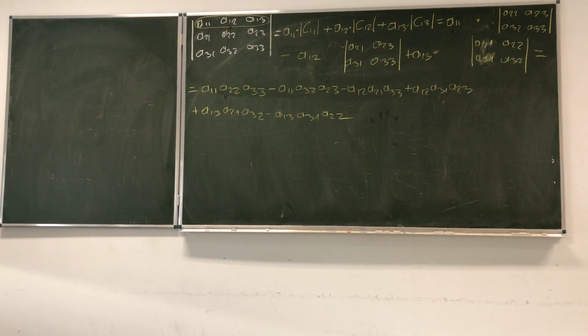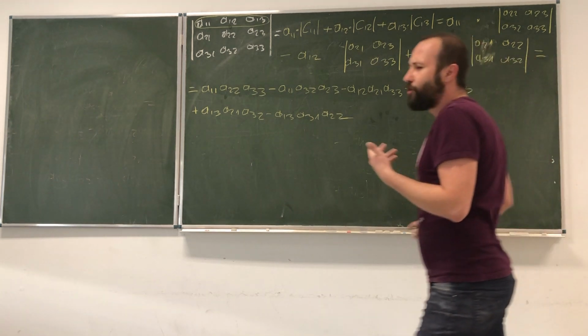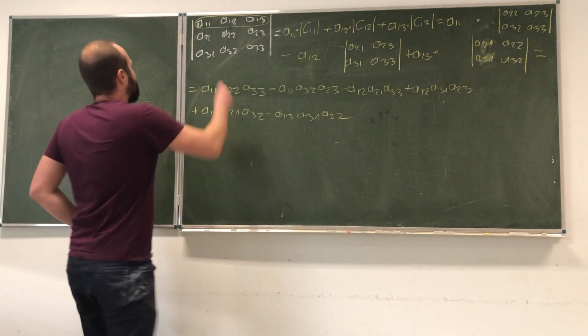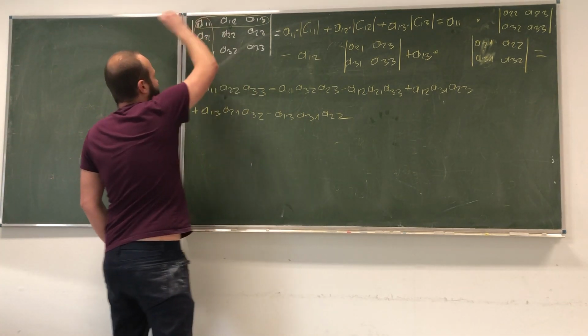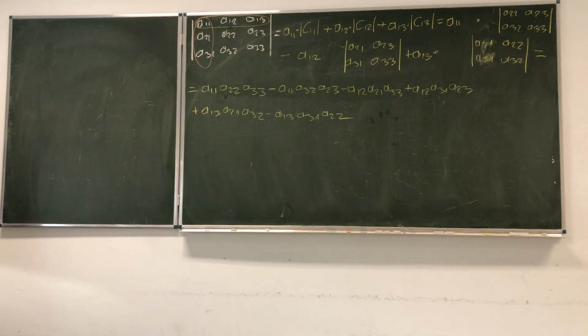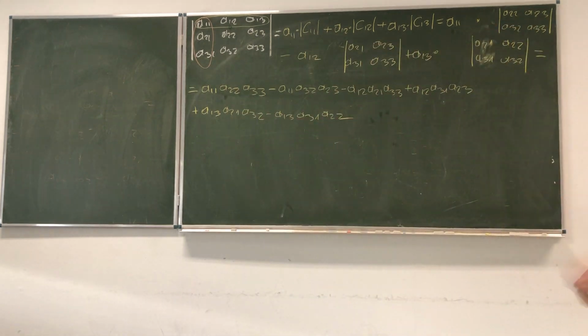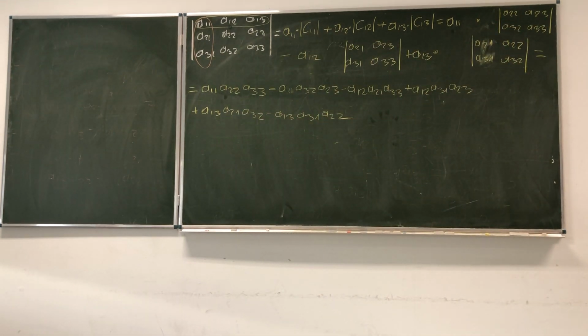But I also said that it is irrelevant which row or which column we are going to choose. If this is so, this means that if I, for example, say the first column, and I'm going to expand by this entire column, I should get the same result. So let's check it.